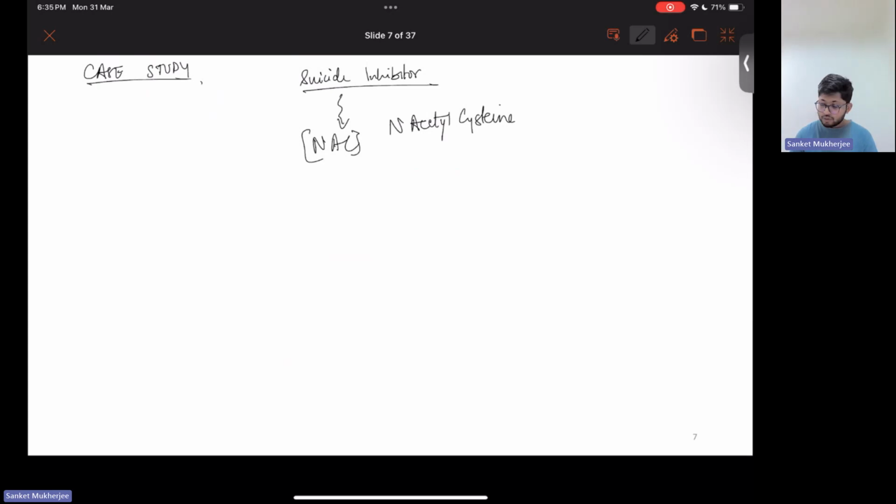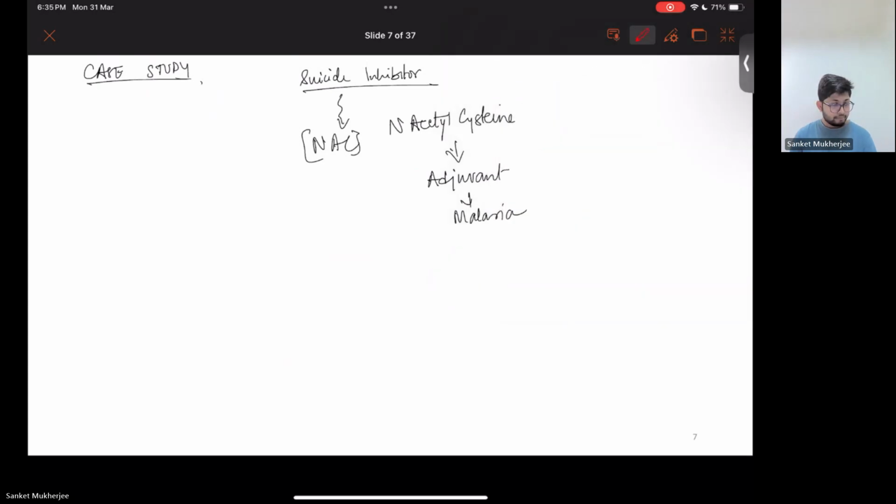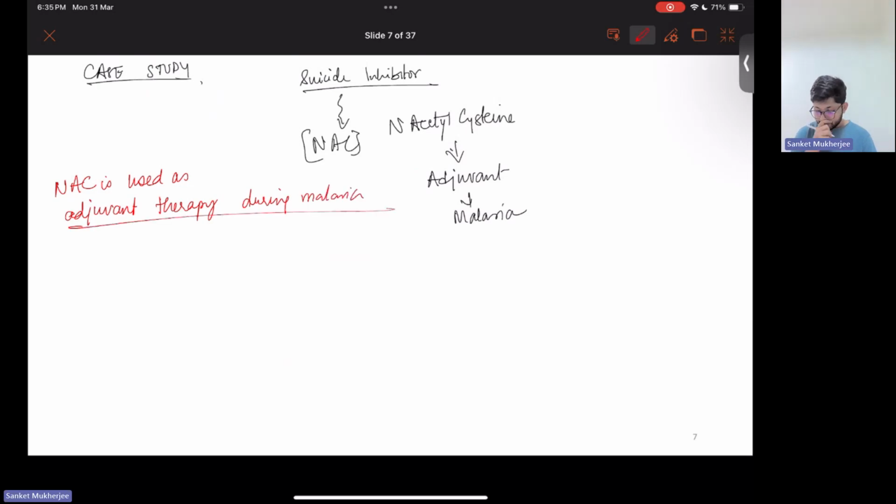Now it is used as an adjuvant for treating malaria. So NAC is used as adjuvant therapy during malaria. So how it works is what we will see.